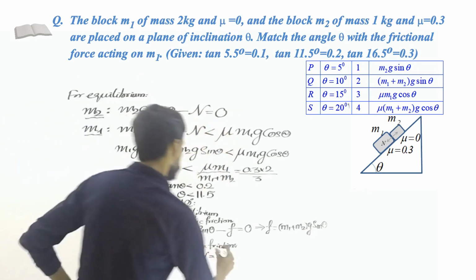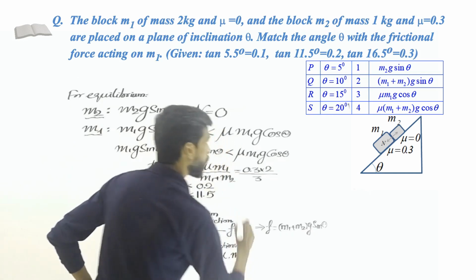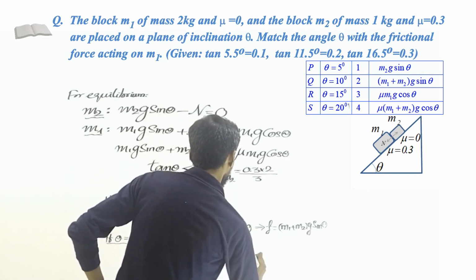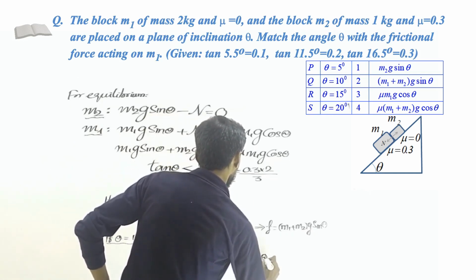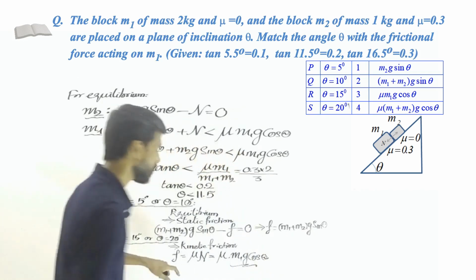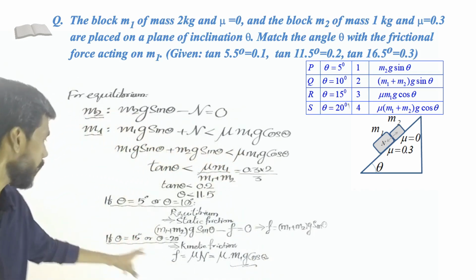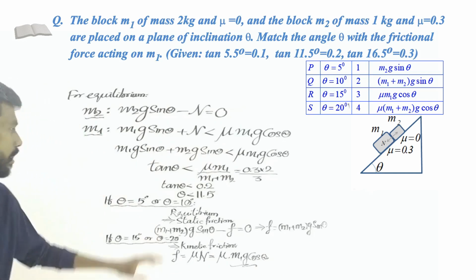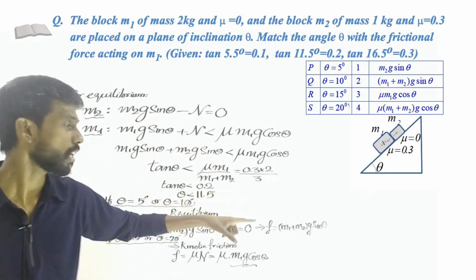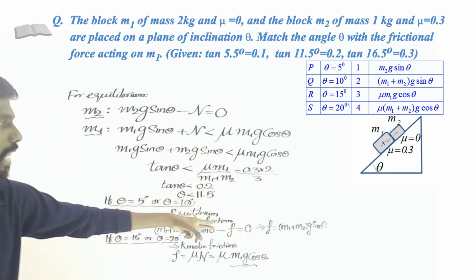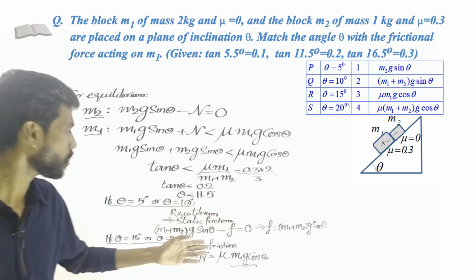So the friction is mu M1 g cos theta. So that's all. This is the frictional force in these two cases when theta is 15 degrees or 20 degrees. In the other two cases, 5 degrees or 10 degrees, the friction is the static friction, so the formula is M1 plus M2 g sin theta. So that is the answer.